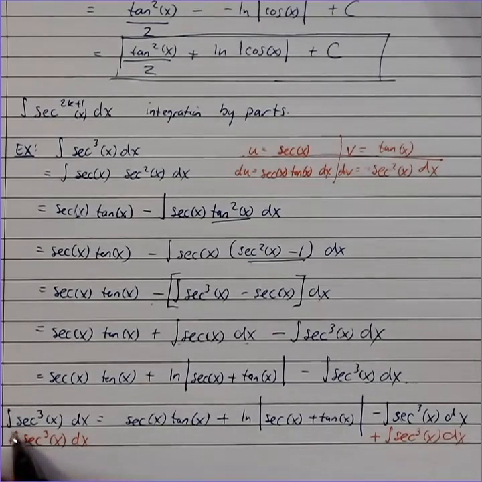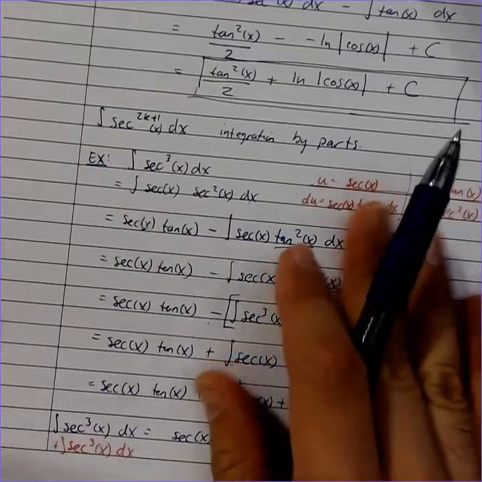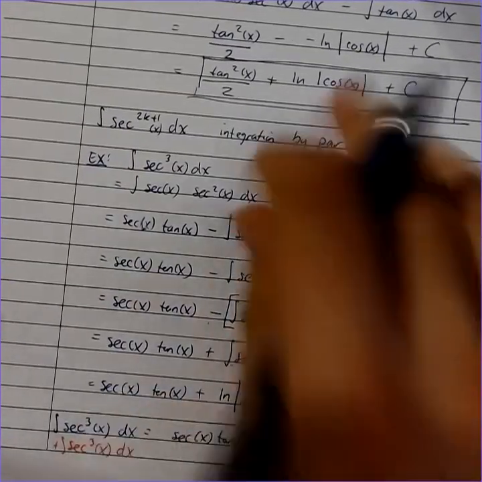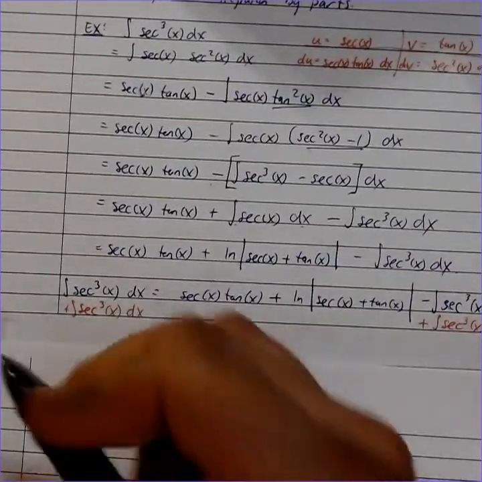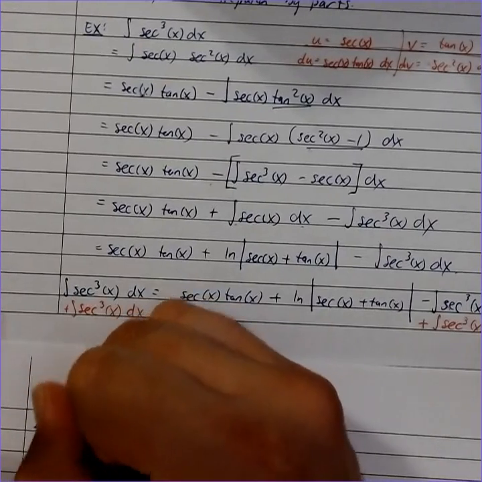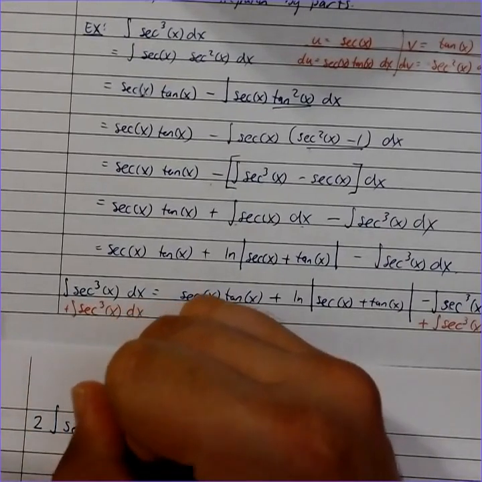In other words, integral of secant to the third of x dx plus another integral of secant to the third of x dx, well, that's going to equal 2 times the integral of secant to the third of x dx. So this plus this is double the integral that I was looking for.